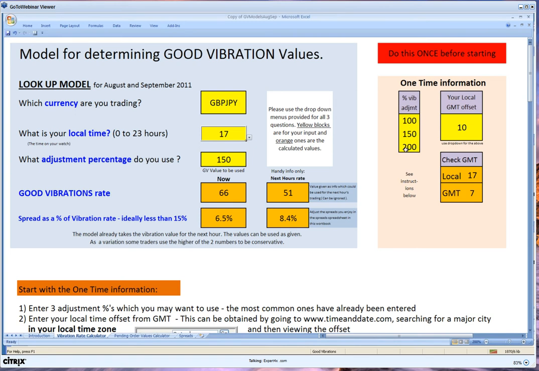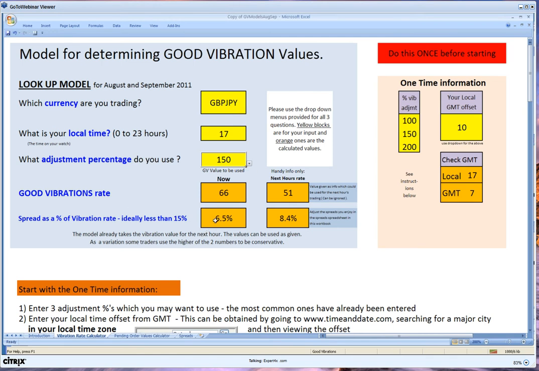So you will only get the exceptional vibrations that shoot up and out of the consolidation using that one. 150 is conservative, and judging by the fact that none of our deals have activated, maybe I should have gone for 100 today, but essentially I think in a live trading environment you want to be a little bit more conservative. But it allows you to change this. So if you want to go for 100, it gives you the rates at 100, and if you want to go for 150, it'll give you the rates at 150.